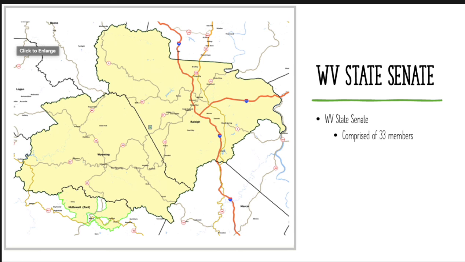That's why sometimes multiple counties are put together. So our election district is multiple counties: all of Raleigh, all of Wyoming, part of McDowell. When senators are elected, they serve a 4-year term.